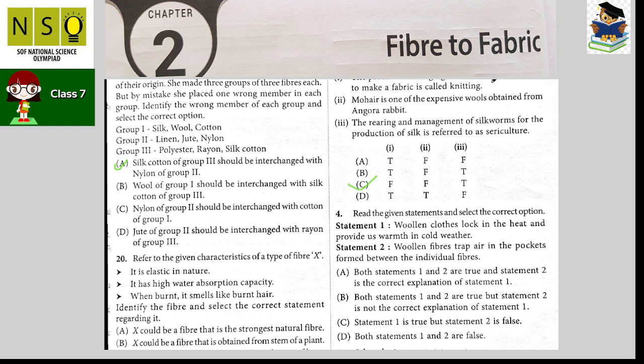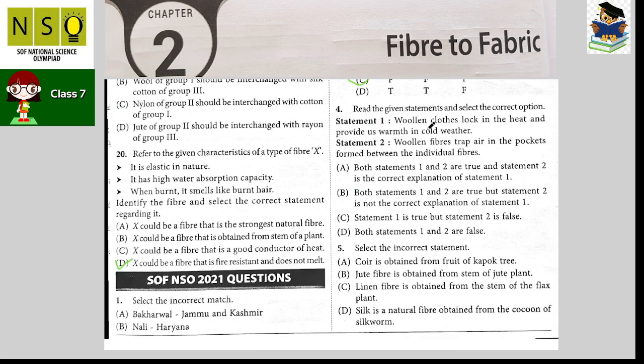Why? Because the process of arranging two sets of yarn together to make a fabric is called weaving and not knitting. And mohair is one of the expensive wools obtained from the Angora goat, not from the Angora rabbit. The fourth question says, there are two statements. Statement 1 says, woolen clothes lock in the heat and provide us warmth in cold weather.